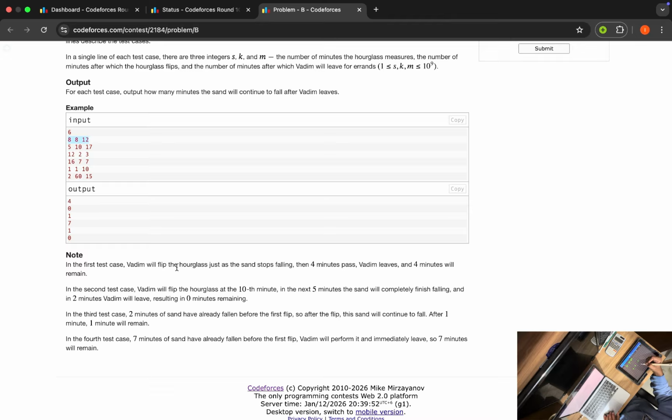In the fastest way to flip the hourglass, just as the sand stops falling, then 4 minutes pass, where it leaves, 4 minutes will remain.